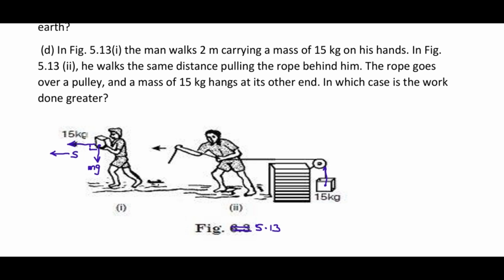How much displacement is it? 2 meters displacement. Gravitational force is acting downwards. That means here work is done against the gravitational force. So definitely, in which case the work done is greater, the answer is the second case. We will come to further explanation.